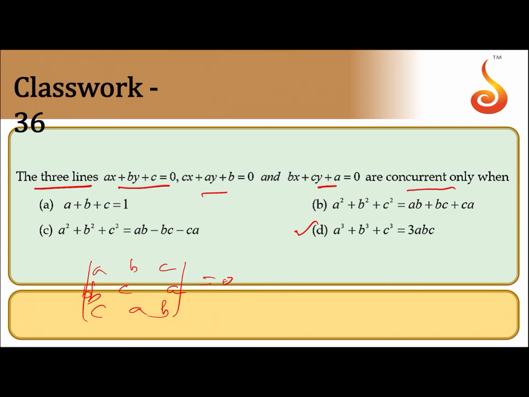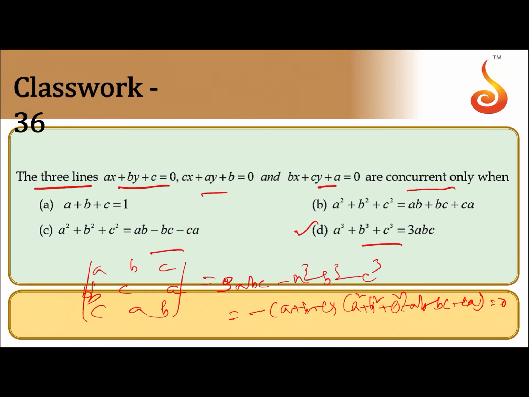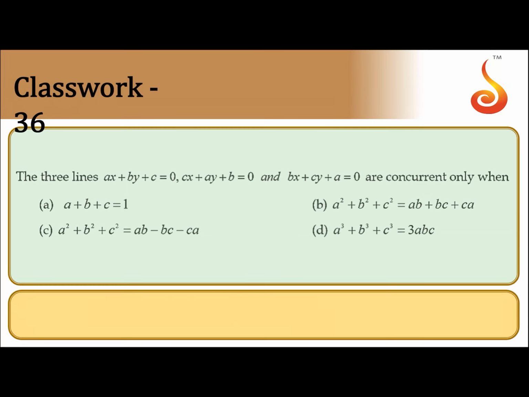This condition is nothing but 3abc minus a cube minus b cube minus c cube. When you factorize, minus of (a plus b plus c) multiplied by (a square plus b square plus c square minus ab minus bc minus ca) is equal to 0. Of course this condition is satisfied and this cannot be satisfied. This condition is satisfying and this one will be the answer for the problem. So the answer is D.